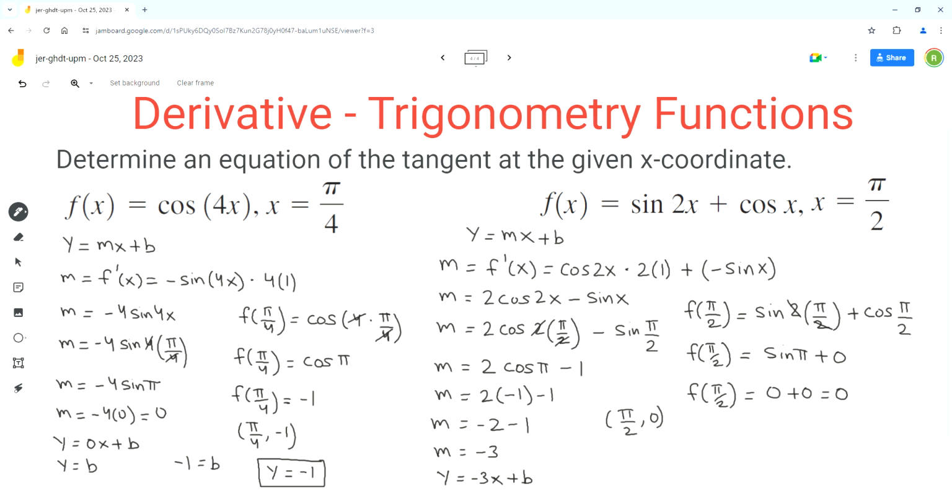So now we can sub in this point in the equation of the tangent to find the b value. So we'll sub in x as pi over 2 and y as 0. So negative 3 times pi over 2 will be negative 3 pi over 2, because the denominator of 3 is 1, and when we multiply fractions, we multiply the numerator terms and the denominator terms.